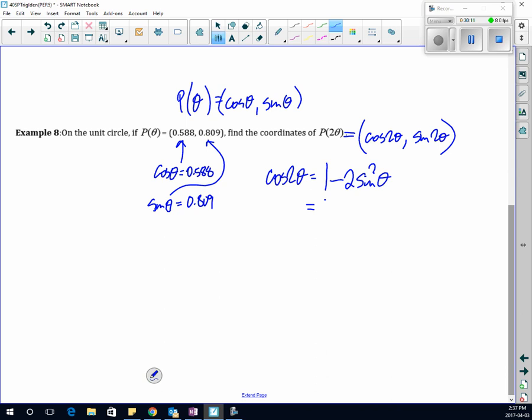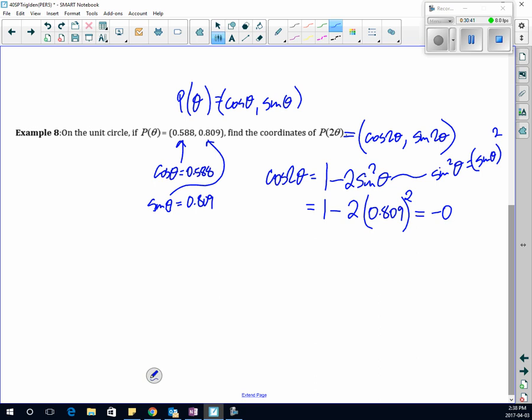So we are now going to be replacing sine of theta with 0.809. But we have to square that. Does everybody see? We're calling that sine squared theta is equal to sine theta, the whole thing squared. So we're going to punch this in our calculator. 1 subtract 2 times 0.809 squared.